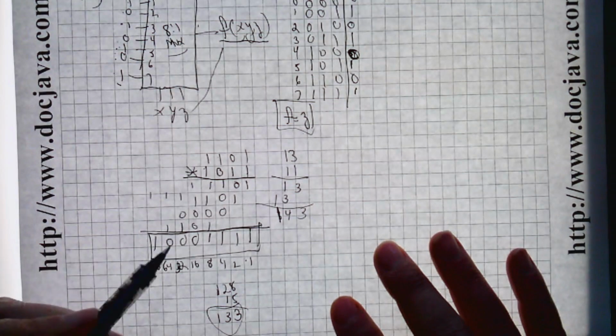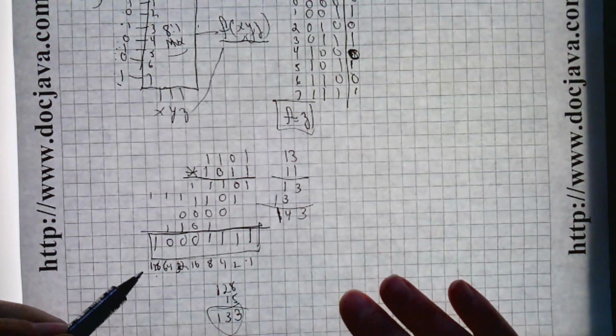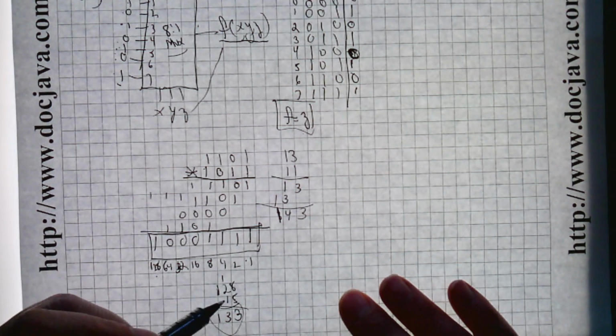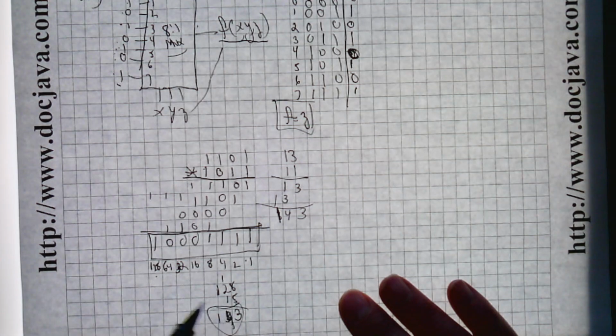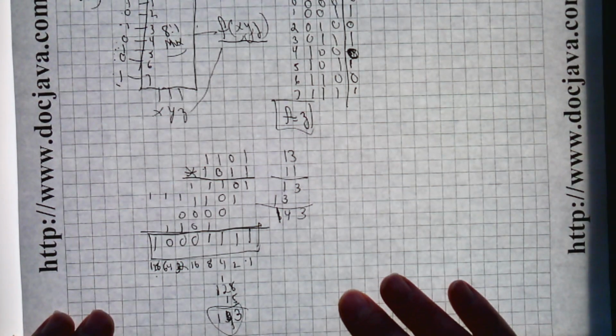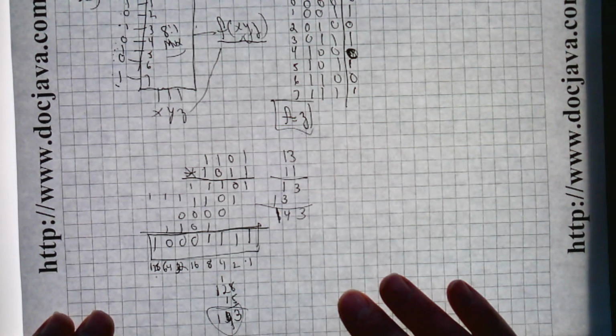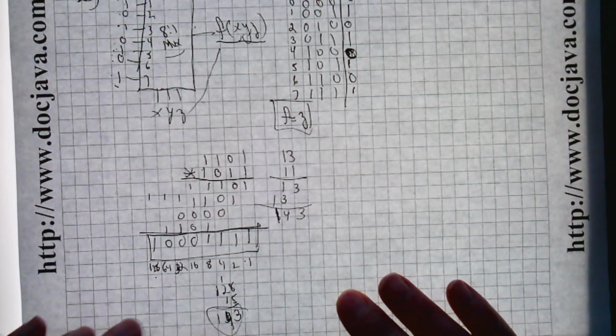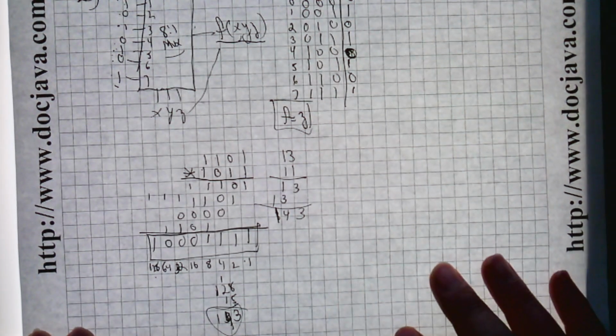Did I screw this up somehow? Carry the 1. Oh, yeah, that is 143. Forgot to carry the 1 over here. So, yeah, that works. Multiplication works. Yay! When you do it right and remember to carry your thingies.